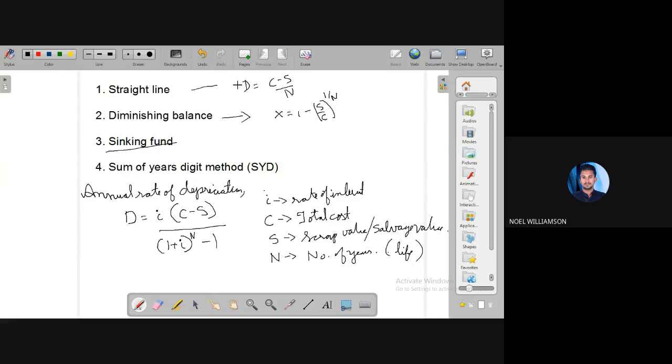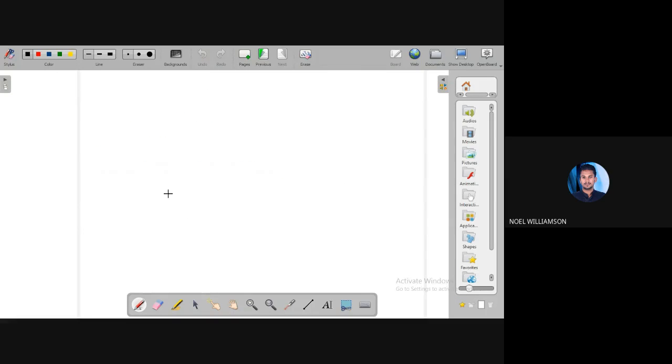Now we will see how we can solve a problem like this using the sinking fund method. So just listen.